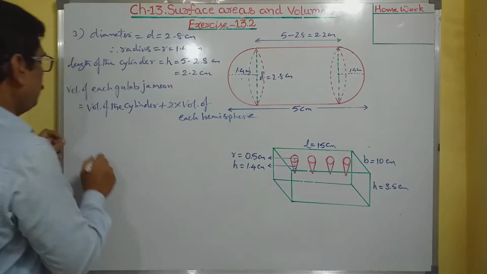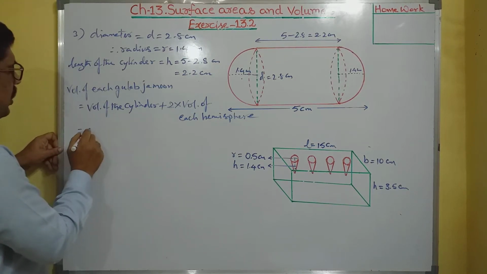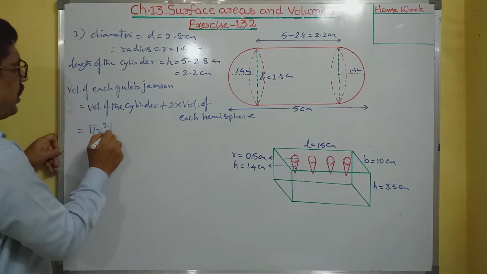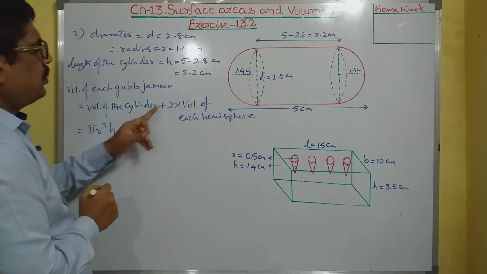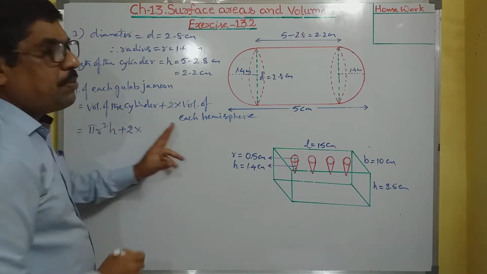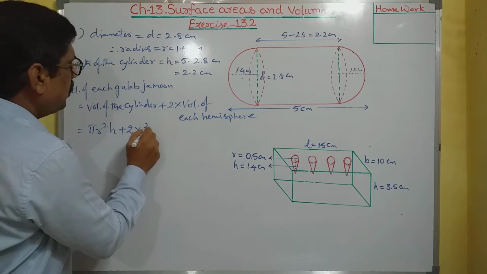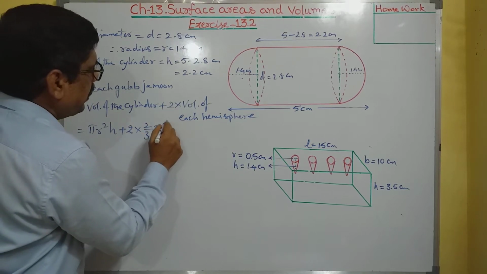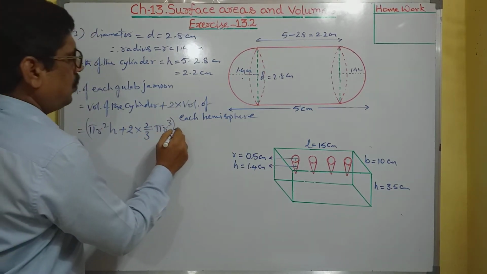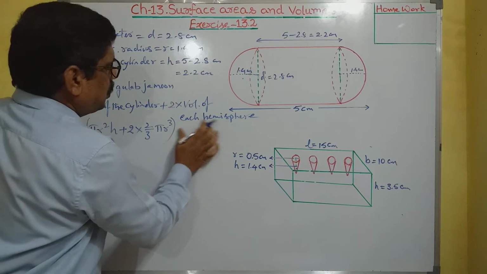Now this is equal to the volume of the cylinder, formula pi r square h, plus 2 into the volume of each hemisphere, formula 2 by 3 pi r cube, in cubic units.